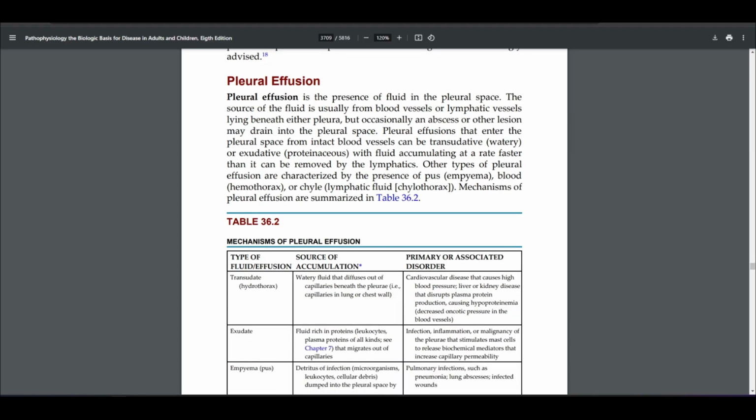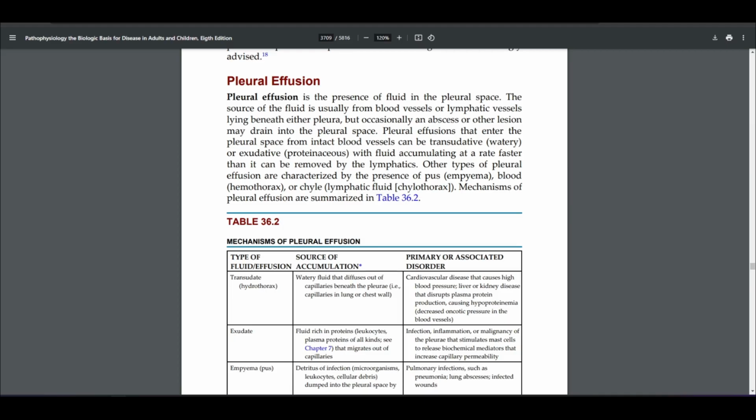Now pleural effusion. Pleural effusion is the presence of fluid in the pleural space. The source of the fluid is usually from blood vessels or the lymphatic vessels lying beneath the pleura, but occasionally an abscess or other lesion may drain into the pleural space.